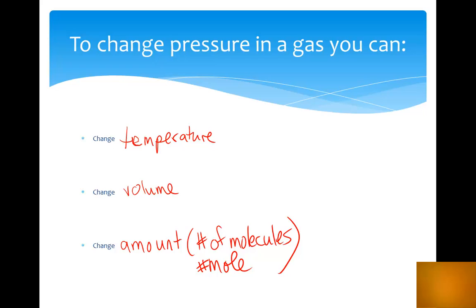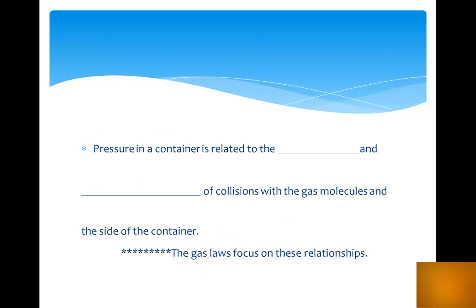Now keep in mind, when we change these, if we increase pressure, we're looking at what does that do to the motion of the molecules. Pressure in a container is related to the intensity and the frequency of collisions of the gas molecules with the side of the container.